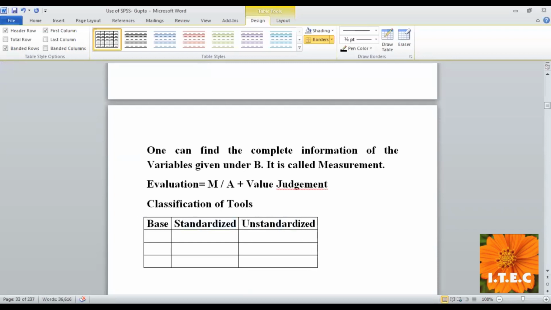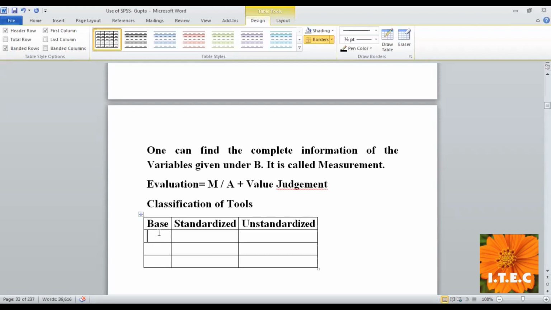Now the tools are the standardized tools or the unstandardized tools. So tools have been classified under these two groups, the standardized and the unstandardized. Let us see the difference between the standardized tool and the unstandardized tool.